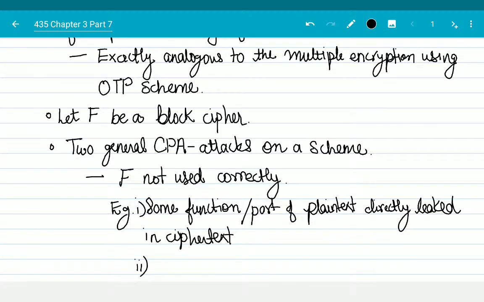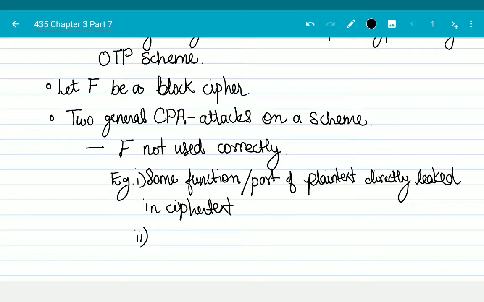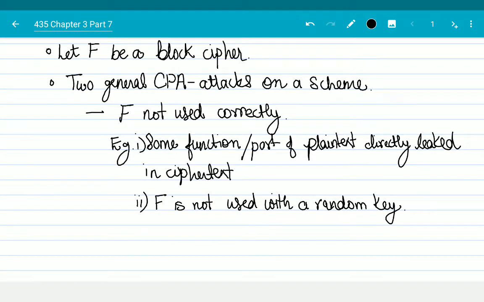Another example is if we don't use a random key. If it's not used with a random key. So for example, encryption k of m is equal to r comma f_r of m.